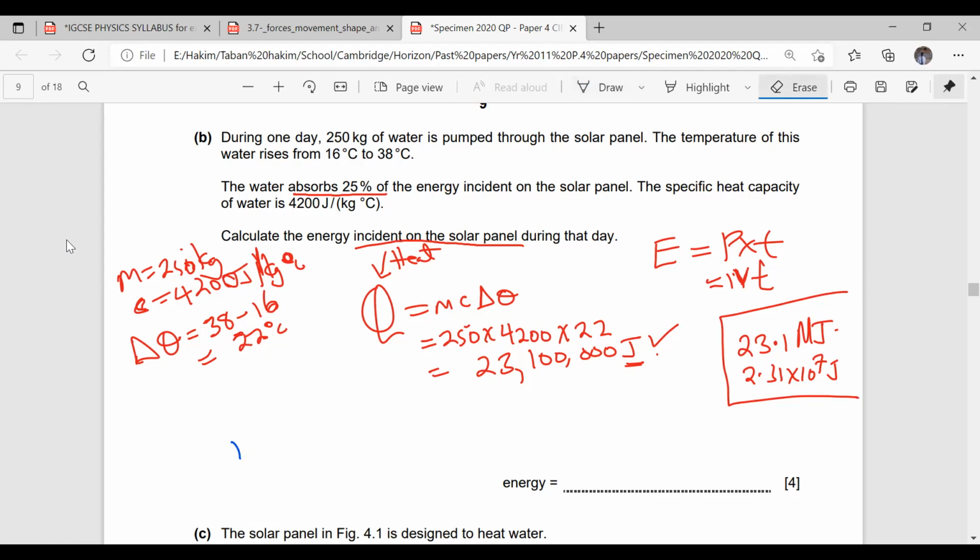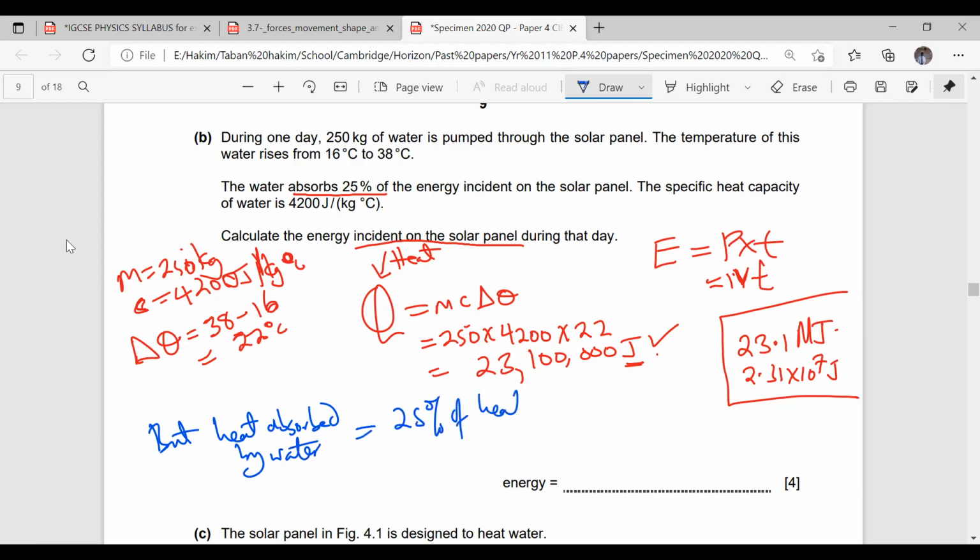It would be this, but the heat absorbed by the water is equal to 25% of the heat incident on the panel.